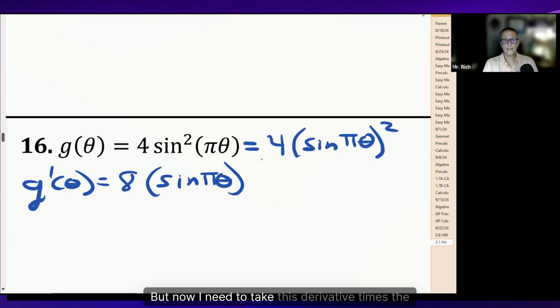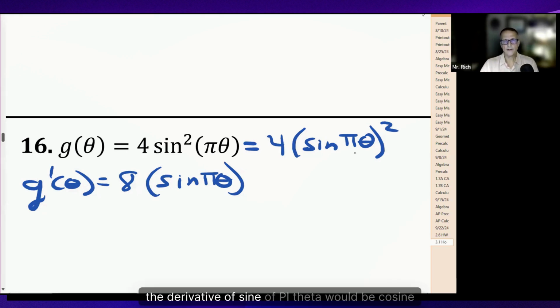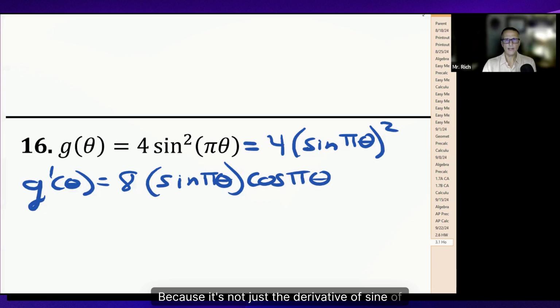But now I need to take this derivative times the derivative of the inside part that was inside those parentheses that was raised to the second power. Well, the derivative of sine of pi theta would be cosine of pi theta. But that's a chain rule, right? Because it's not just the derivative of sine of theta, it's sine pi theta.